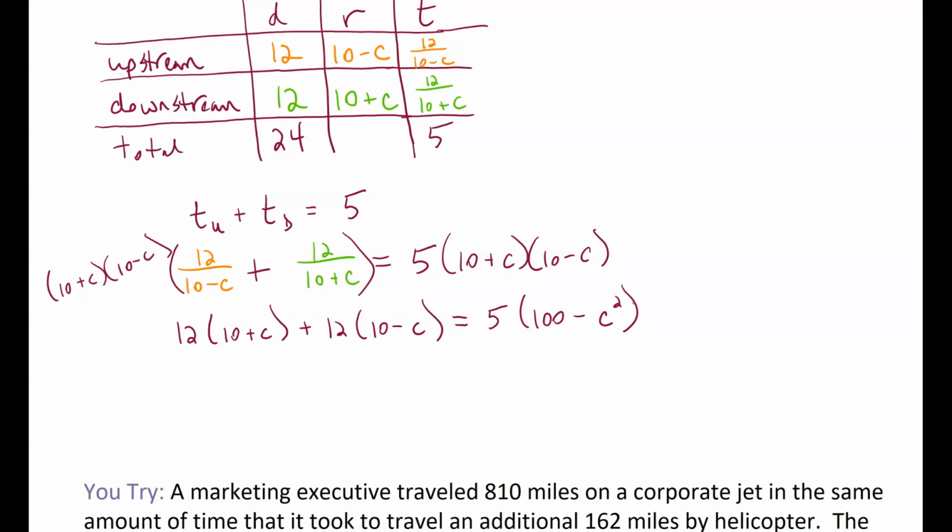All right. And now, because I want to solve for C, I need to distribute everything so that I can try to isolate the C. So this will be 120 plus 12C plus 120 minus 12C equal to 500 minus 5C squared.